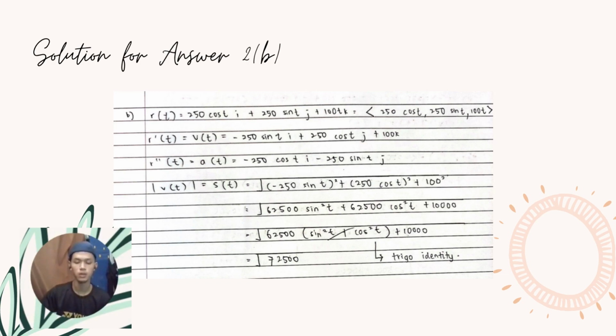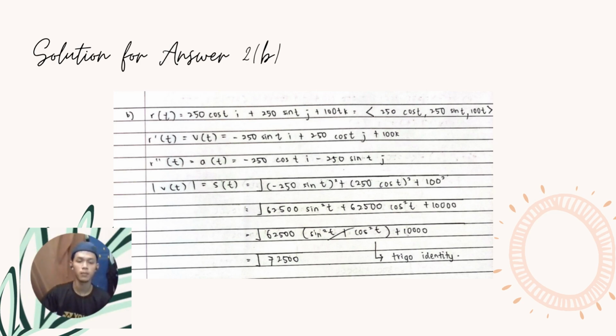Untuk mencari speed, kita harus menggunakan magnitude dan gunakan equation daripada velocity. So kita akan gunakan s untuk mencari speed, sama dengan square root dalam kurungan negatif 250 sin t kuasa 2 tambah 250 cos t kuasa 2 tambah 100 kuasa 2.